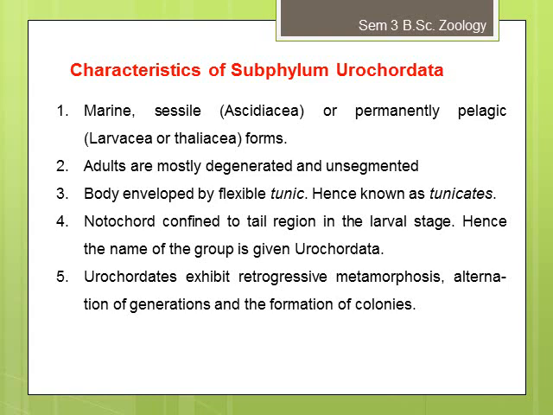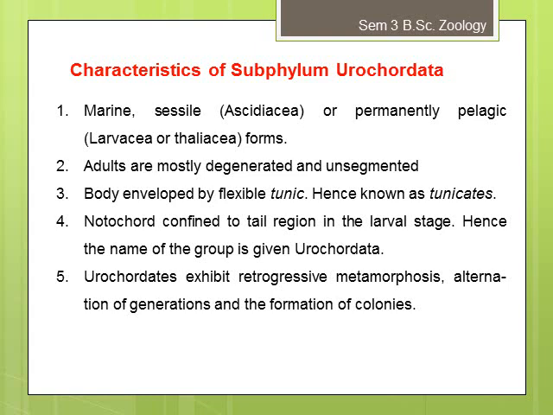Hence it is very difficult to include the Urochordates in the phylum Chordata just by observing the characters shown by an adult. That is why it is known as degenerate, because they don't show any chordate characters. Adults are degenerate, but the larva is slightly more developed and shows more chordate characters.